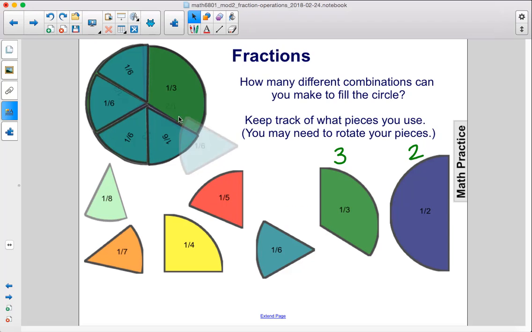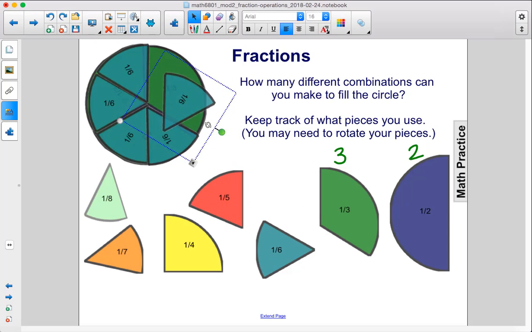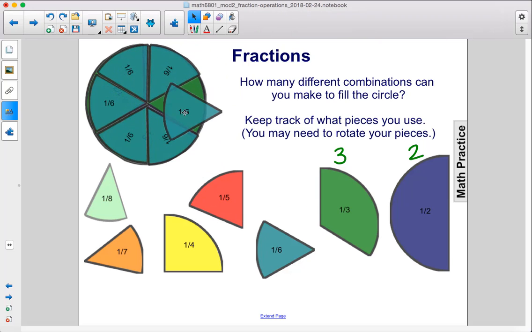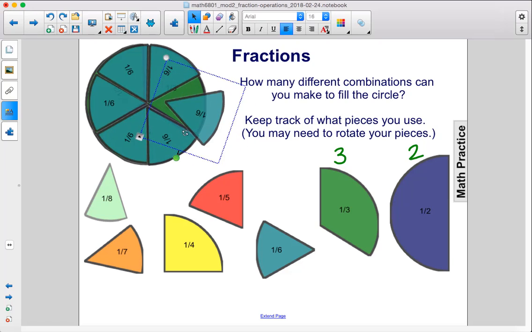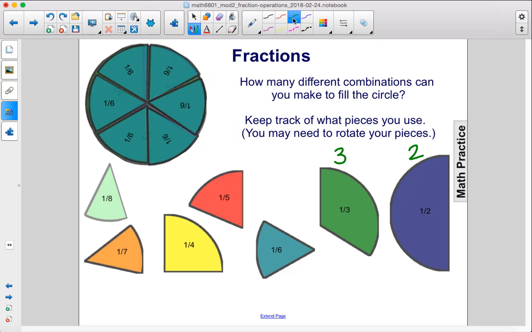A fifth one. And finally, a 6th piece. So it took 6 of these to fill the circle.